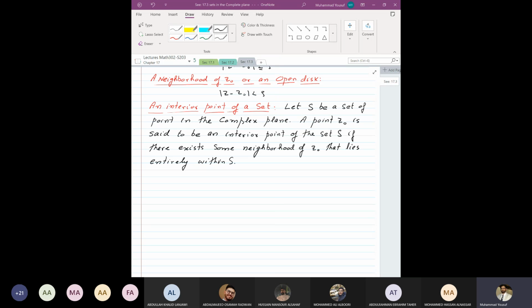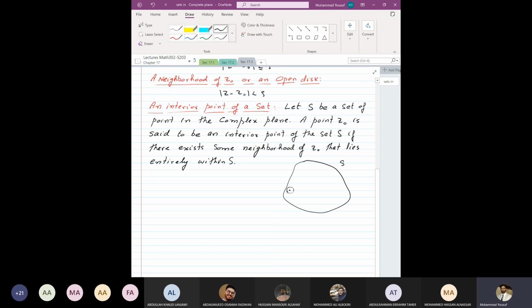So here the figure shows that, suppose we have this set S and you take some point, masalan here, you take some point here, then you can make an open disk around this point Z naught, which is entirely within S. Okay.